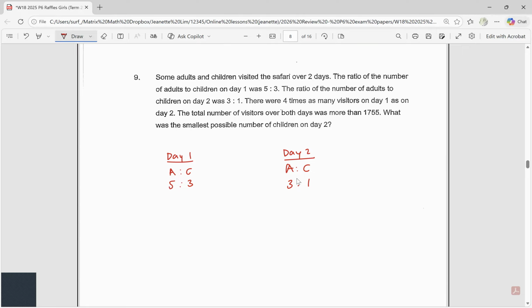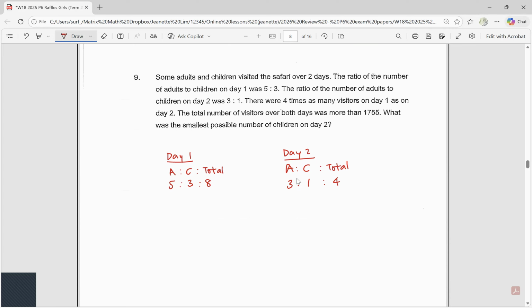So let's find the total. This is 8 and this is 4. For day 1 to be 4 times of day 2, right? If day 2 is 4, then 4 times of that will be 16.